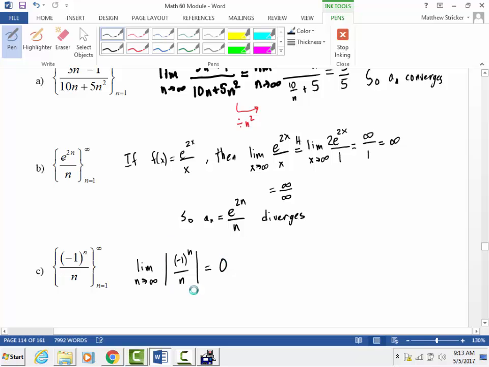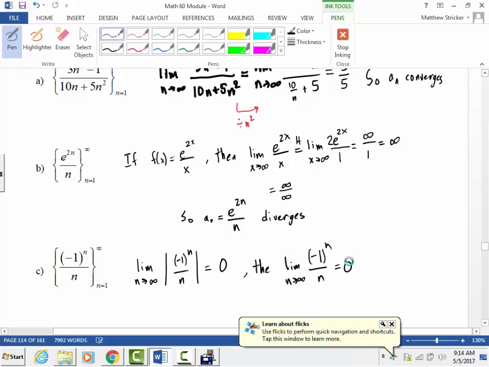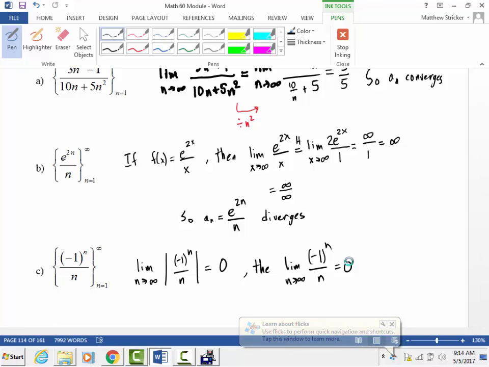And because the absolute value approaches 0, then the limit as n approaches infinity of -1 to the n over n without the absolute value also must approach 0. We can only apply that theorem, though, if this absolute value approaches 0. But some other value it doesn't work, right?